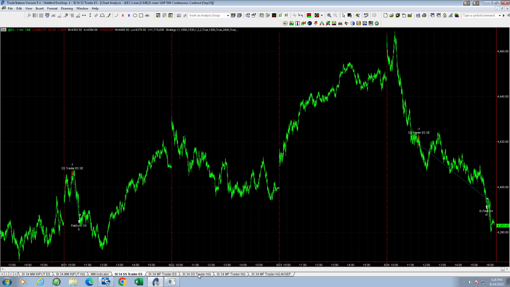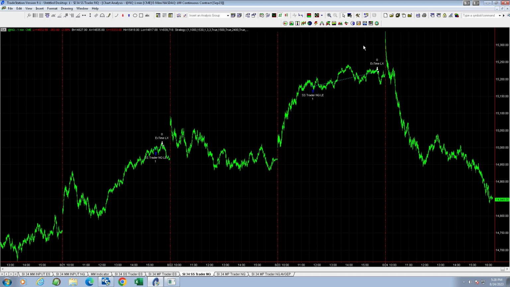Let's look at the market position trader, or the signal strength trader, for the NASDAQ. Did not trade today. We have a rule in this one. All the rules are the same, except it requires more than 3 strategies long to go long, and more than 3 strategies short to go short.